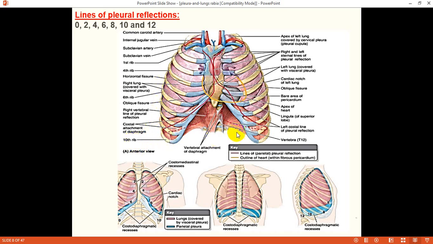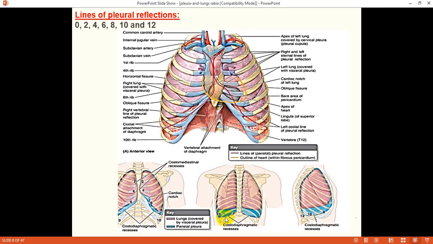Posteriorly we can observe the costodiaphragmatic lines of reflection all around the inferior border. So posteriorly the lower extent of the line of reflection is the 12th rib.